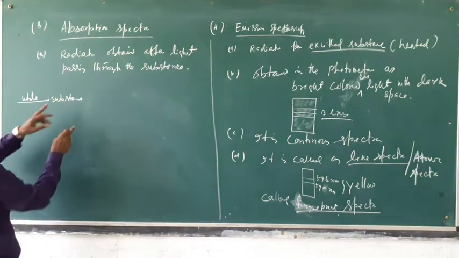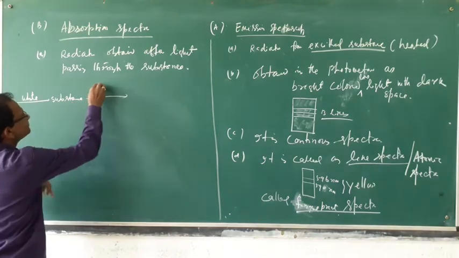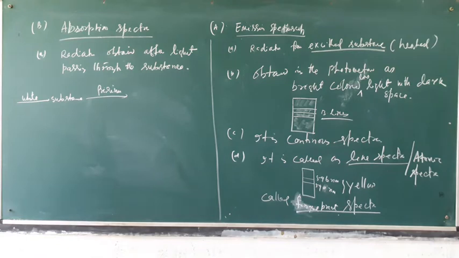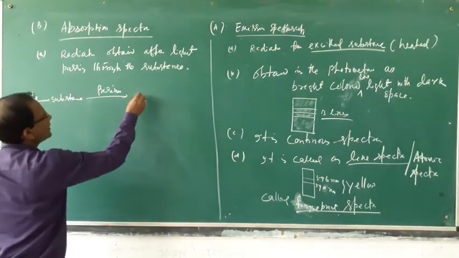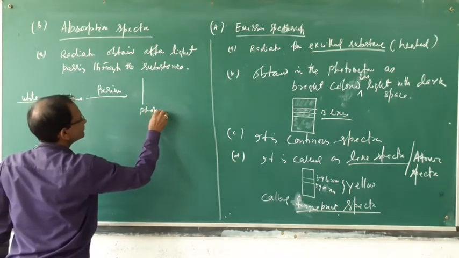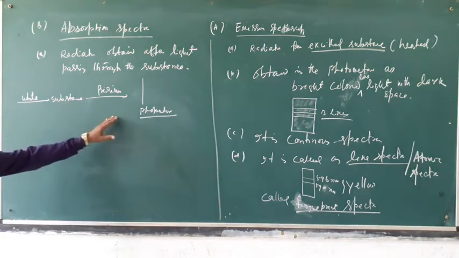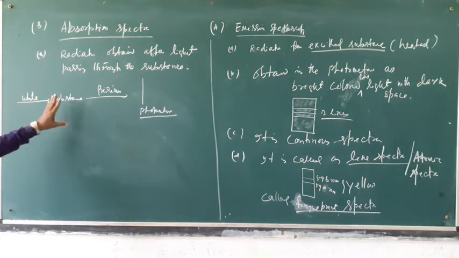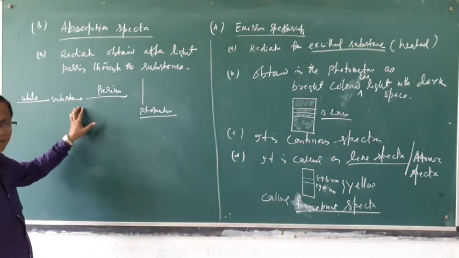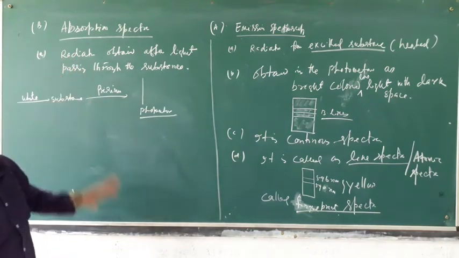Then the light from the substance is allowed through the prism and falls on the photographic screen. After light passes through the substance, that radiation is studied. That is called absorption spectra.